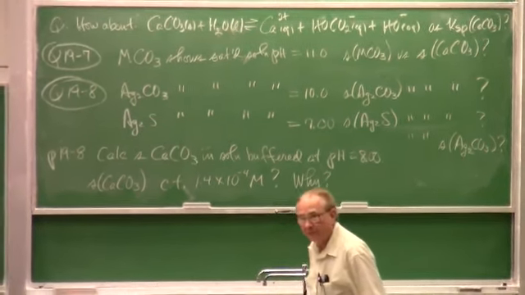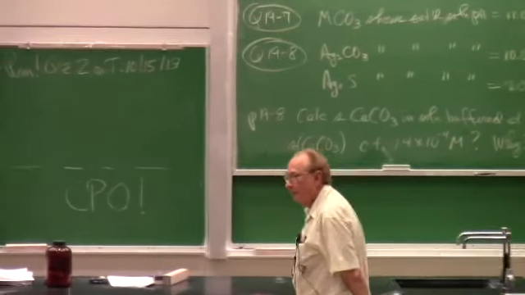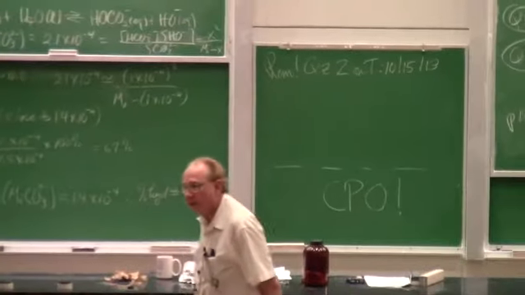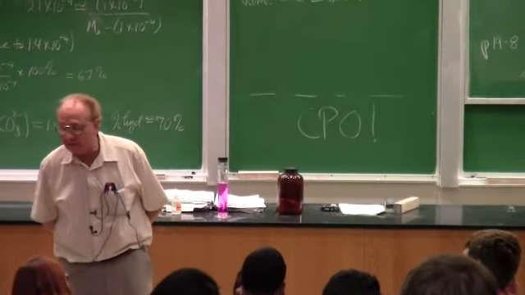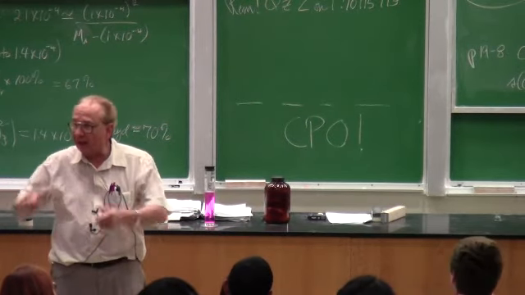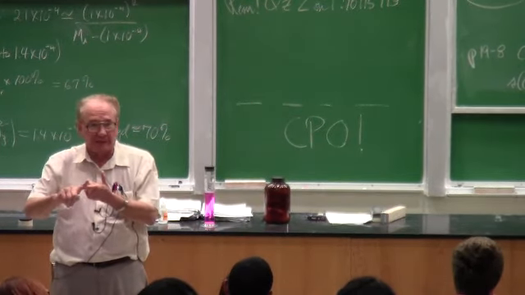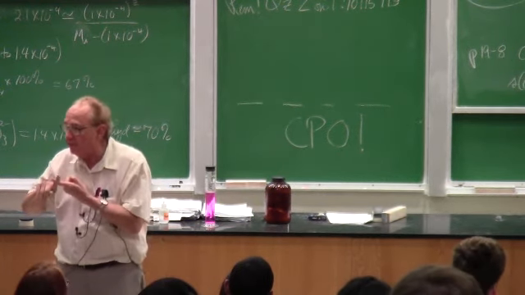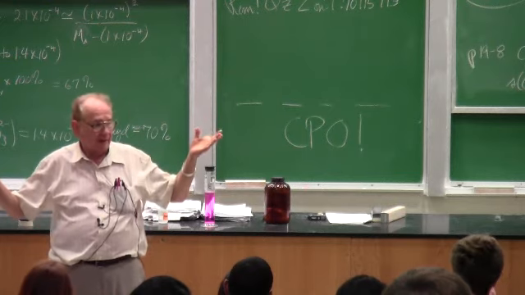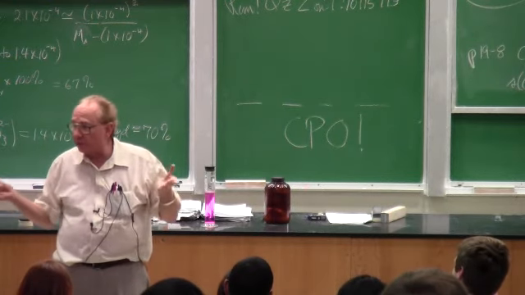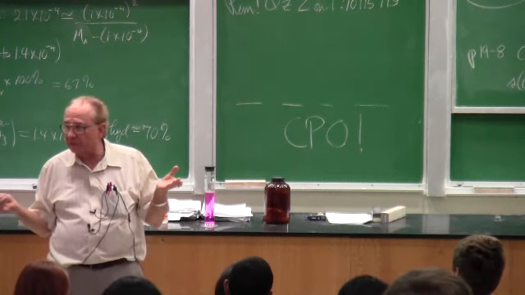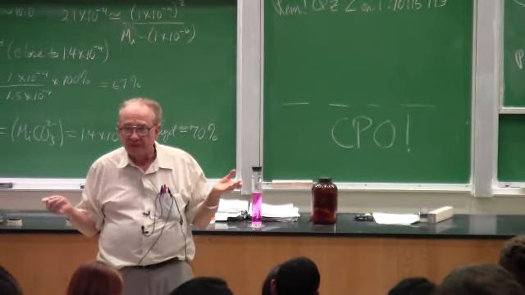What are the factors that we have to consider? Sulfide ion is a strong base. Sulfide ion in solution hydrolyzes to an extent of 100%, doesn't it? So if silver sulfide had the same solubility as calcium carbonate, the same solubility as silver carbonate, what would be the pH of the saturated silver sulfide solution compared to 10.0?